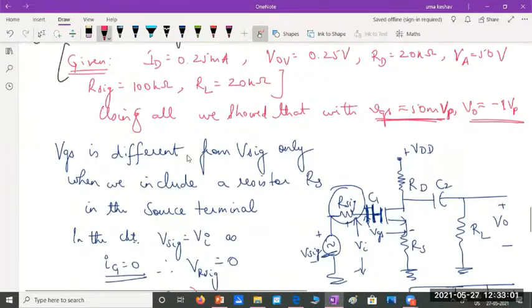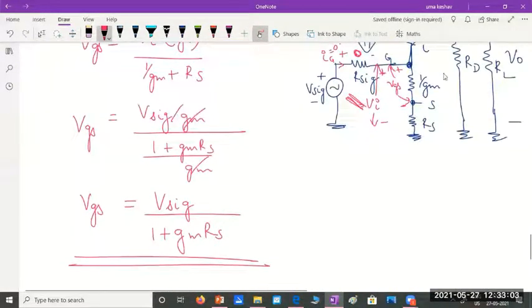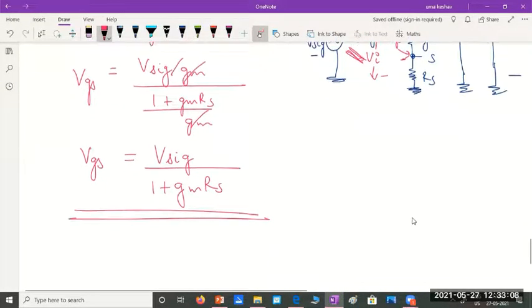Now, how do I find Rs here? For that, I have found the relationship between VGS and Vsig. We know VGS, we know Vsig, we know Gm. We are supposed to find only Rs here. The only unknown is Rs.